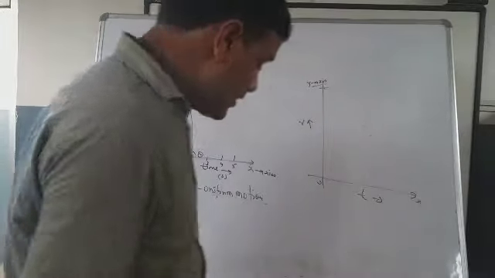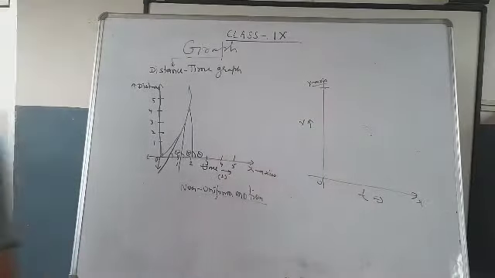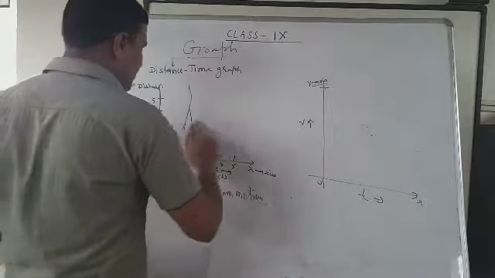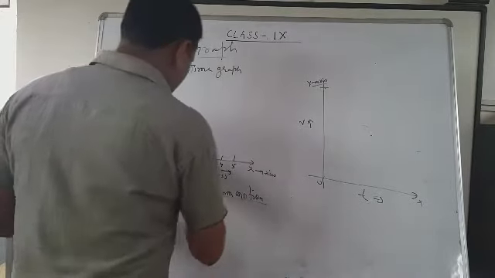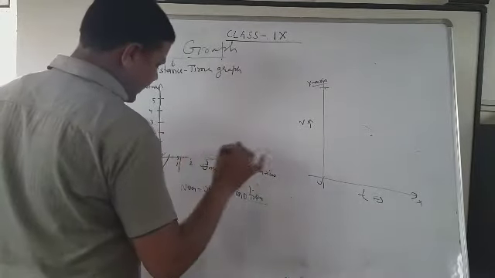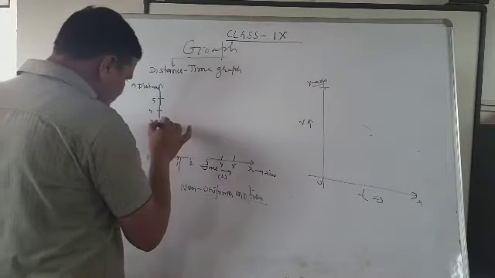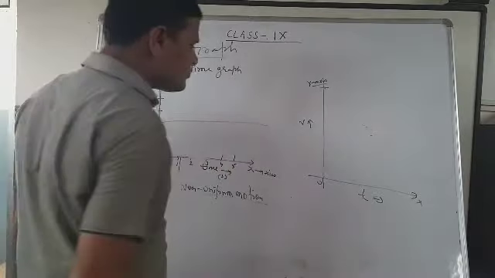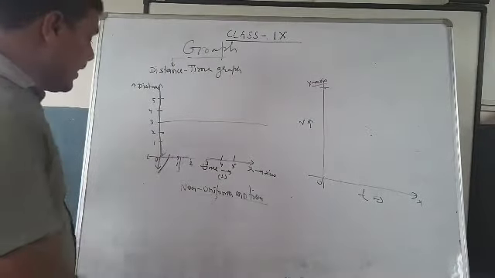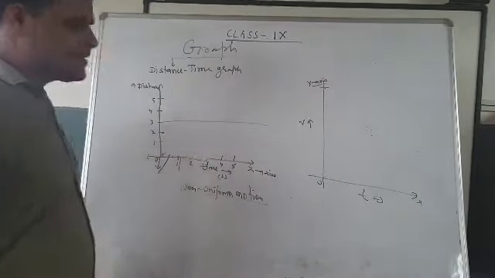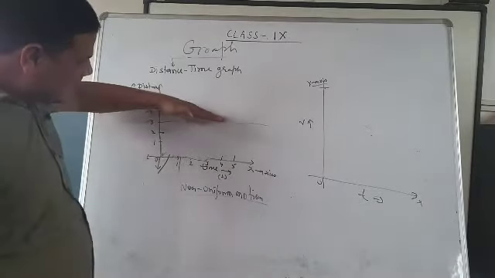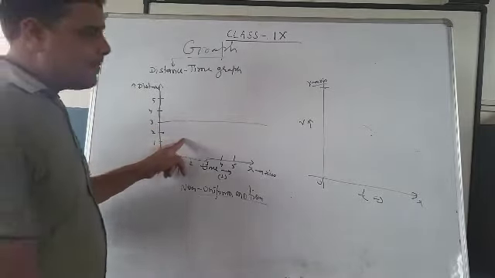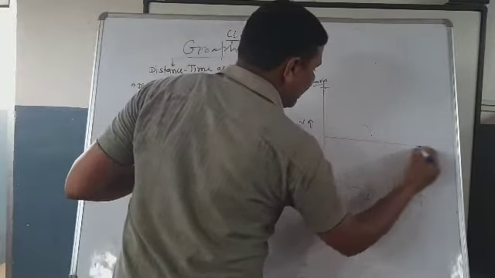Now, after that we have to learn about the next part of the graph. Take this case: if we draw a line parallel to the x-axis, what does this parallel line mean in the case of the distance time graph and in the case of the velocity time graph?